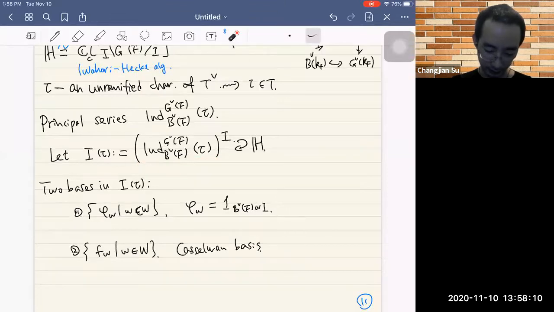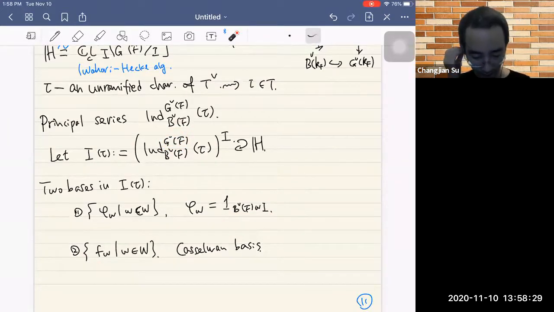So one is denoted by phi of W. This phi of W you can just think of as the indicator function of some cell inside this group G. And the other basis is f of W. This is introduced by Schürmann. Let me not write down the definition.